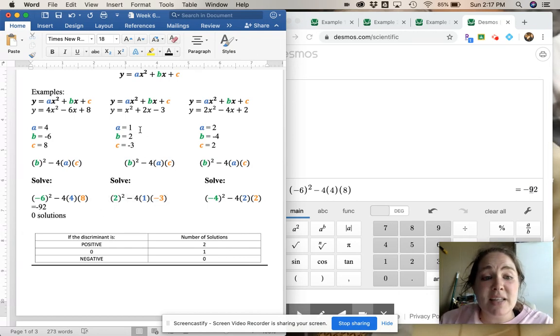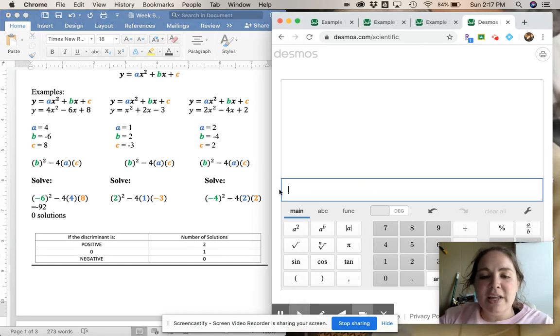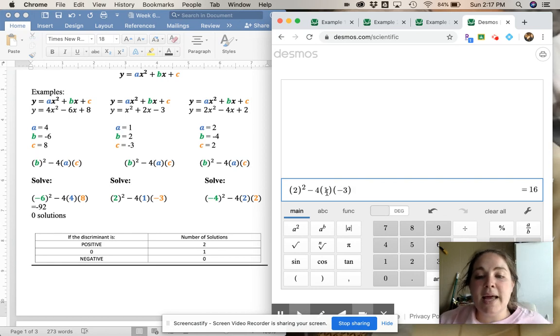So I've got x squared plus 2x minus 3 is the equation that I started with. I've got this set up here. So I'm going to go back to my Desmos scientific calculator and get rid of this and type in my next discriminant formula. Remember, press this button right here, the a squared button, to get that squared and make it look exactly how it's written on your screen or on your paper.